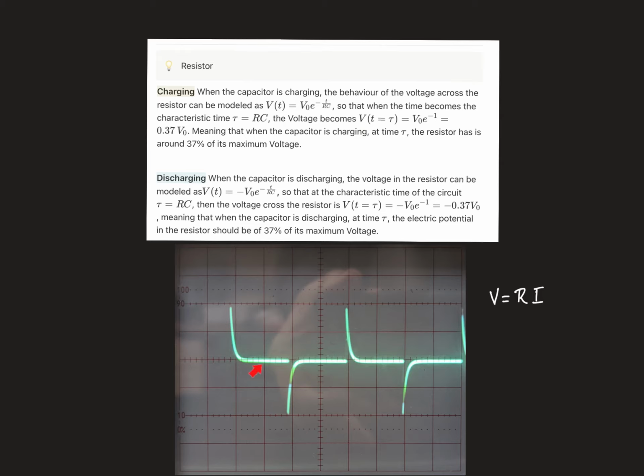That means that if the voltage across the resistor is 0, there is no current across the resistor, therefore the capacitor is completely full here. Here, the signal generator flips, therefore the capacitor starts discharging and then charging in the opposite polarity.